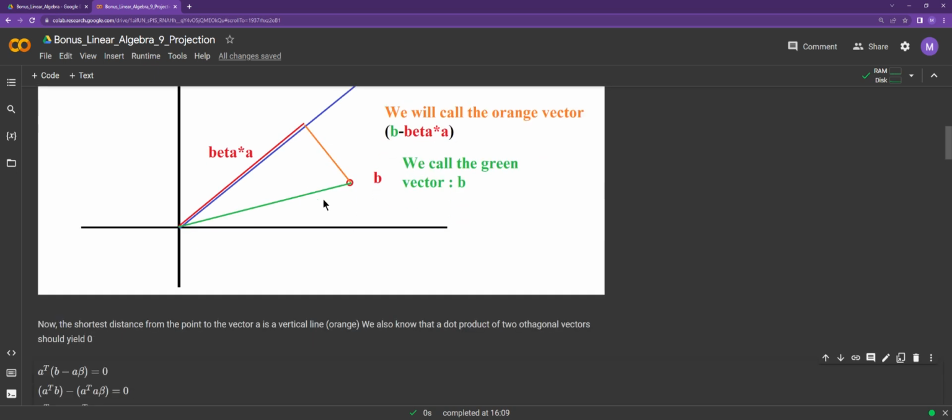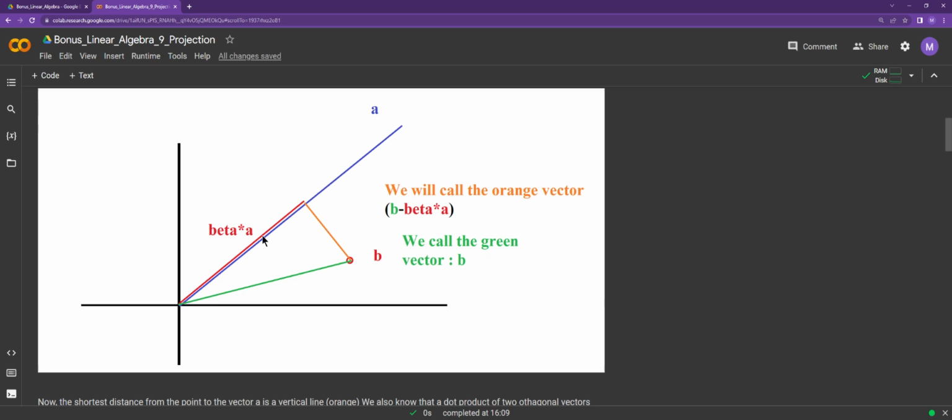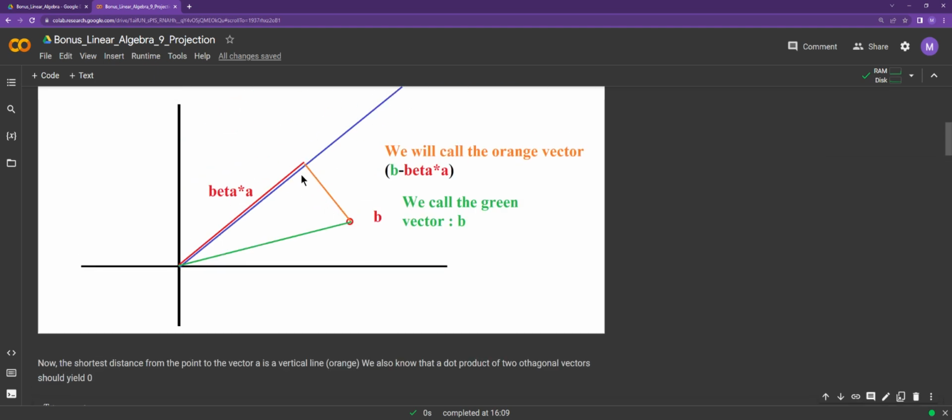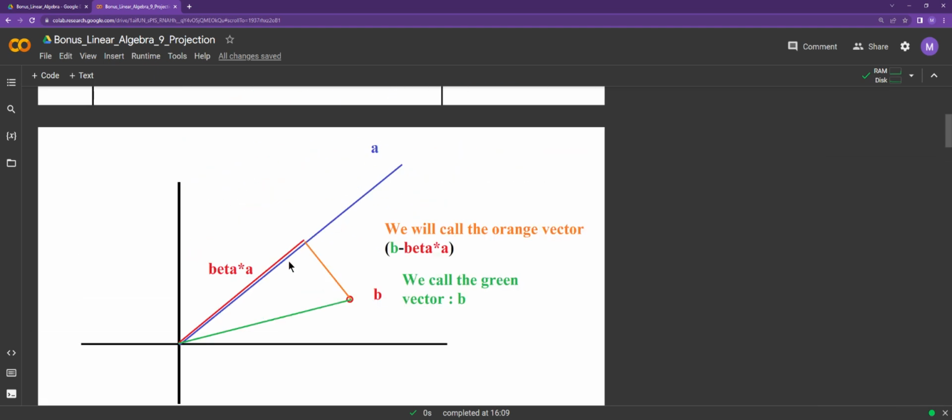Now the red line, beta A, is the projection of the green vector on the blue vector, okay? And beta gives us exactly that. It gives us a scalar that we can multiply by A to find the projection of this other vector onto vector A.